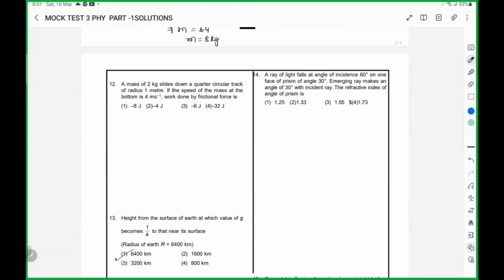A mass of 2 kg slides down a quarter circular track of radius 1 meter.